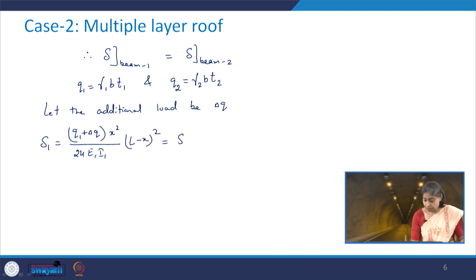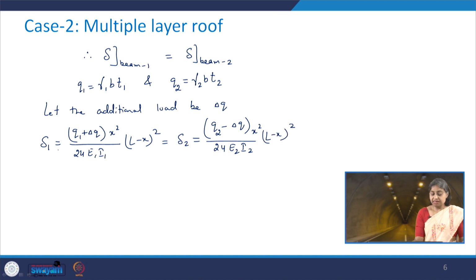This will be equal to delta 2, which will be Q2 minus delta Q, x square divided by 24 E2 I2, into L minus x whole square. We saw these expressions in the previous class, how we can derive these with reference to a single beam. Now, I will mark this equation as equation number 1.